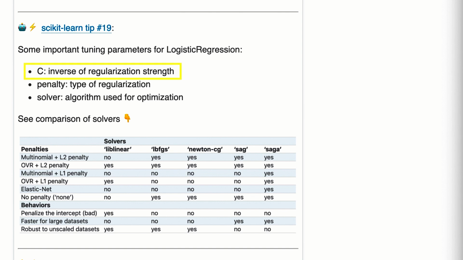Logistic regression in scikit-learn is regularized by default, unlike in statsmodels, for example. And briefly, if you're not familiar with regularization, it's a process that constrains the size of the model coefficients. So you use regularization to minimize a model's overfitting to the training data by reducing the variance of the model.